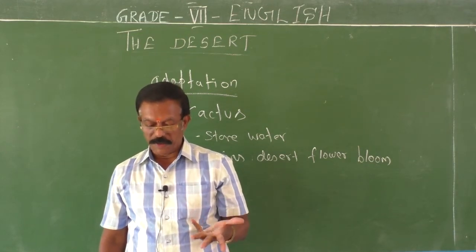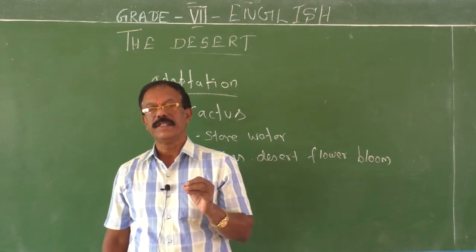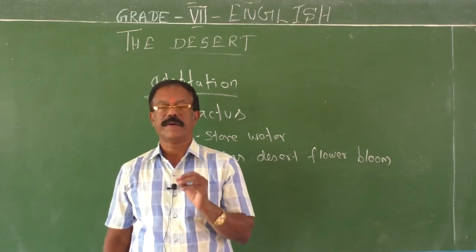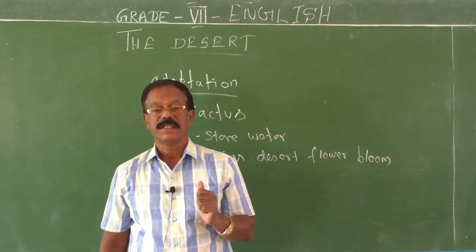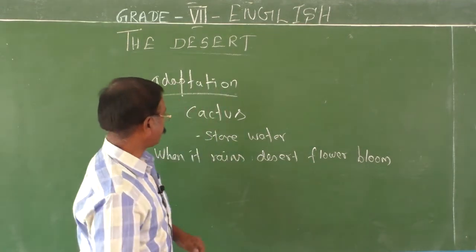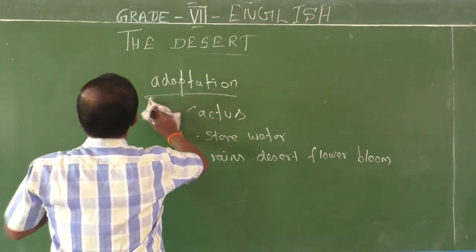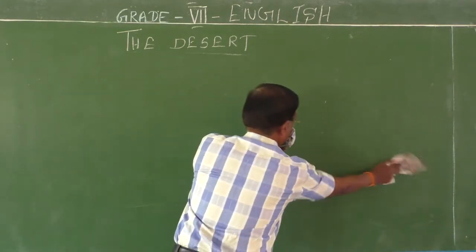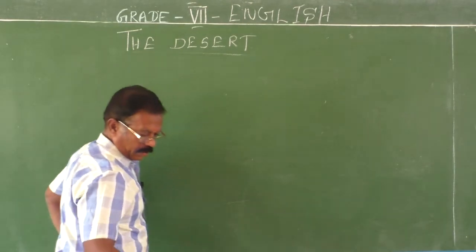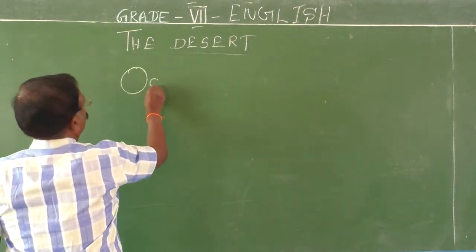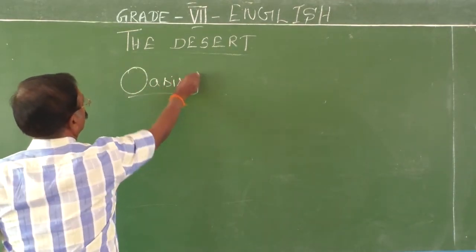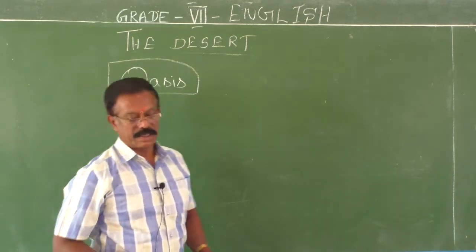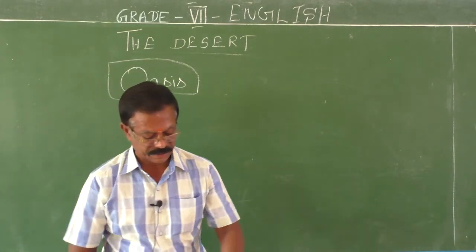Next I am going to explain oasis. Very important thing. What is an oasis? Let me explain. You can find an oasis in the middle of the desert.